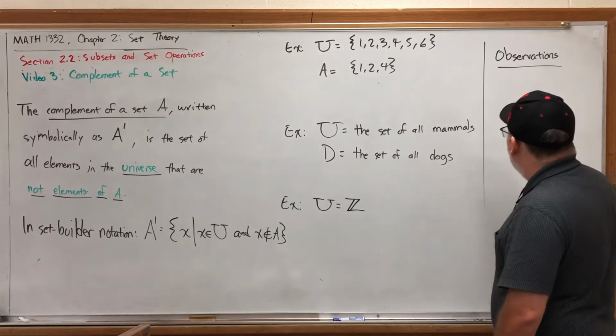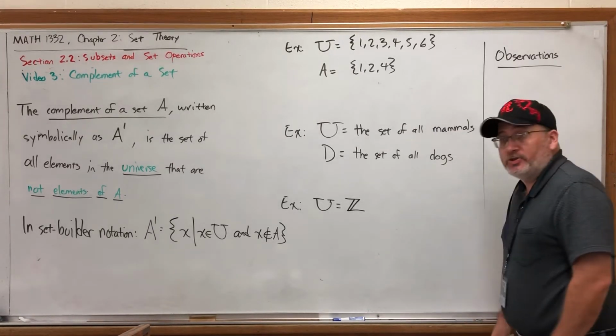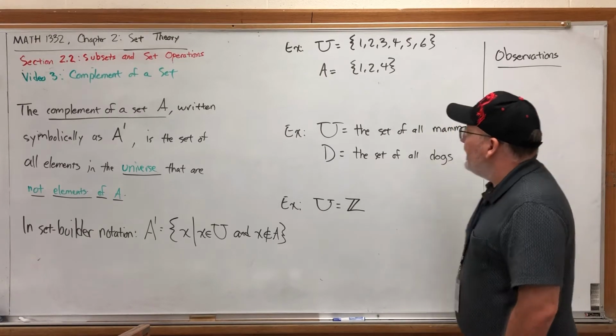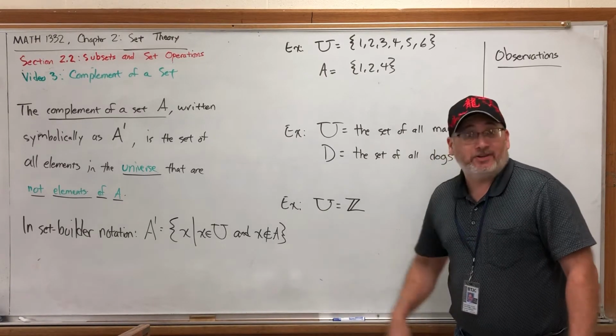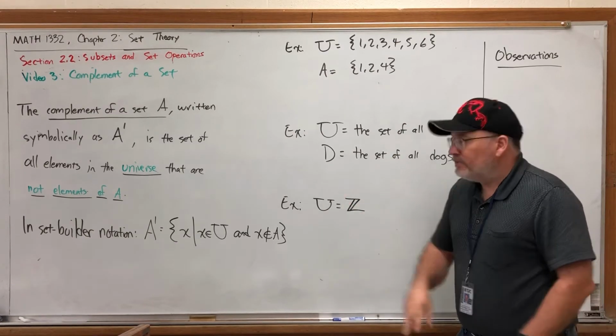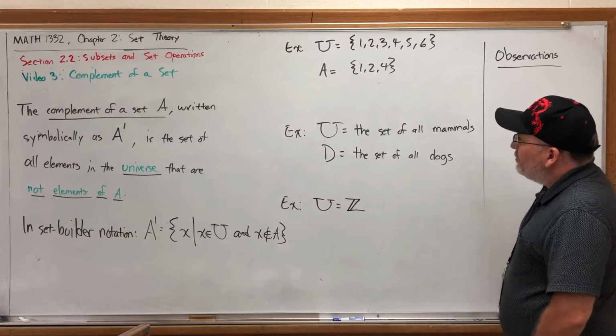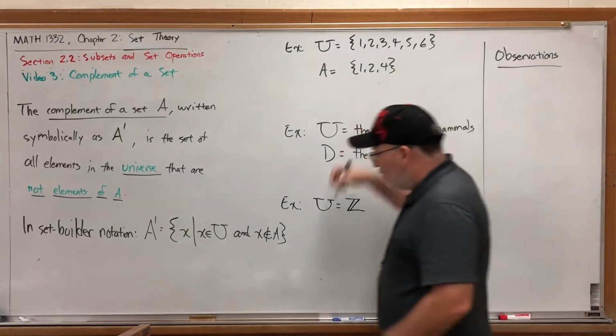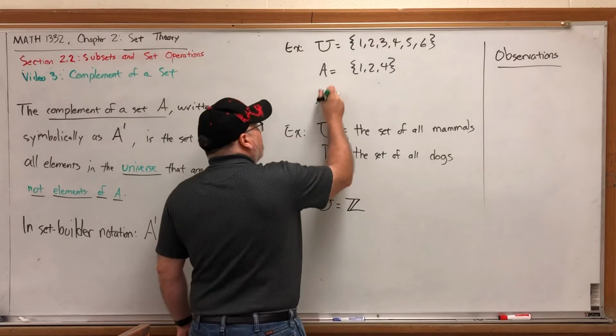Let's take a look at 3 examples and then make a couple of observations. Example number 1. For our universal set, let's pretend it's the numbers you could roll on a single standard die: 1, 2, 3, 4, 5, 6. And let's say within that universe we have set A, which contains the numbers 1, 2, and 4. What is the complement of A?